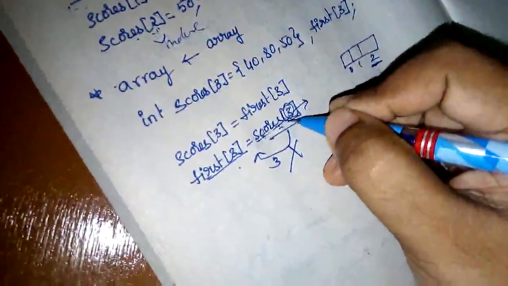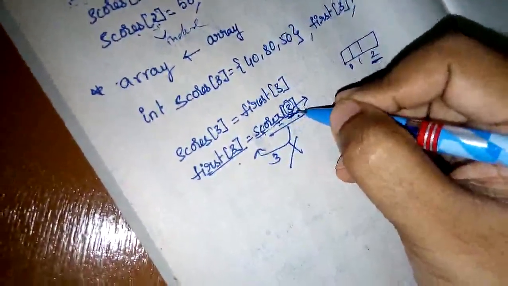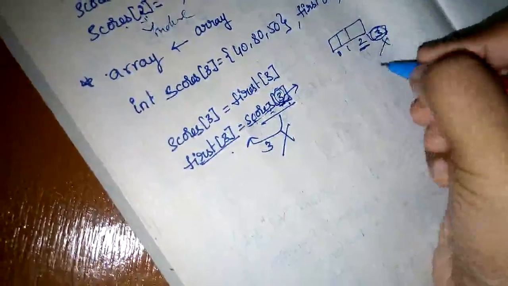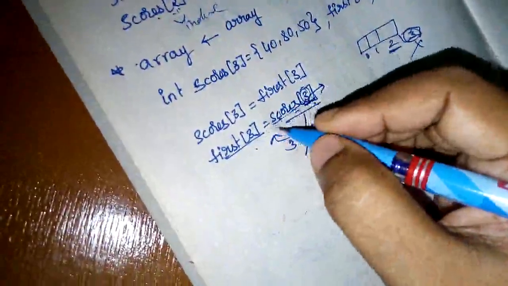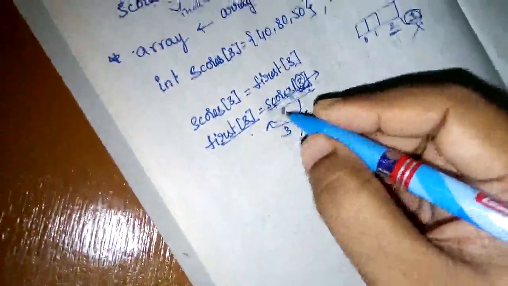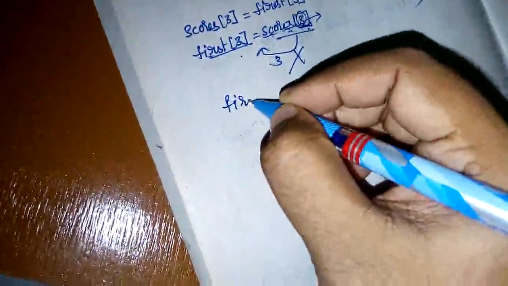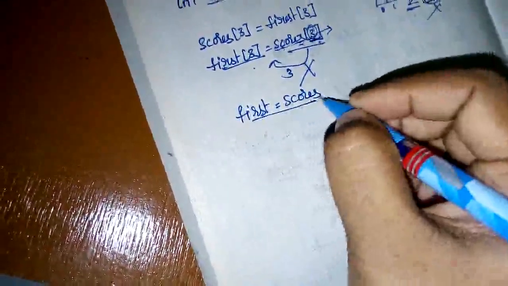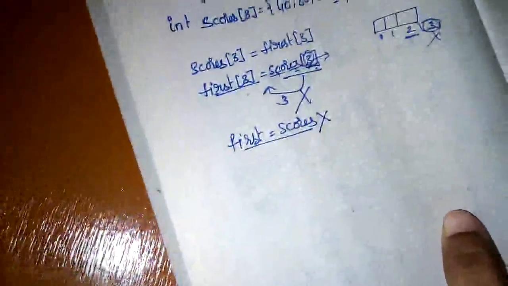But you are writing scores of 3, and we don't have any index 3 here. So you cannot directly write first is equal to scores. You should not assign a complete array into another complete array.